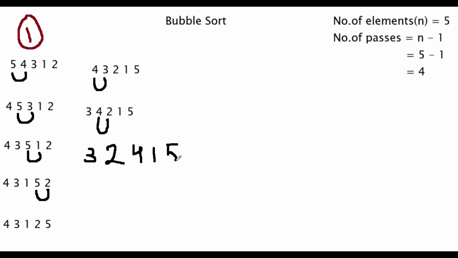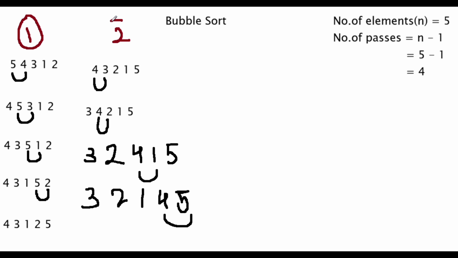Then 4 and 1 will be swapped, because 4 is greater than 1: 3, 2, 1, 4 and 5. And if you carefully observe, 4 and 5 will not be swapped, because 4 is not greater than 5. This will be our second pass. Now we are going to go for the third pass.